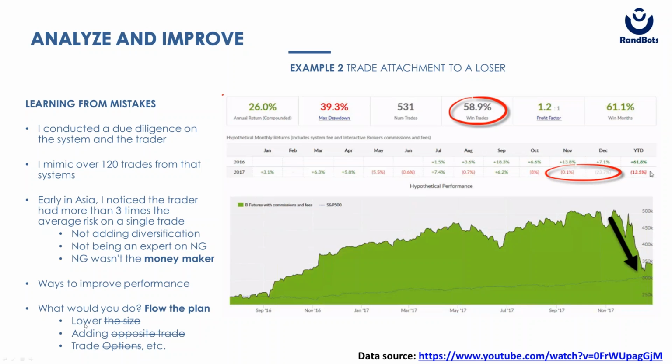My options were to lower the size, which I did not, lower the bet of this system, or add the opposite positions, which I did not. And then it was to trade options, because of course I knew that the volatility on natural gas had changed, because this system measures volatility, and the only way it goes against the trade is because of a volatility shift.